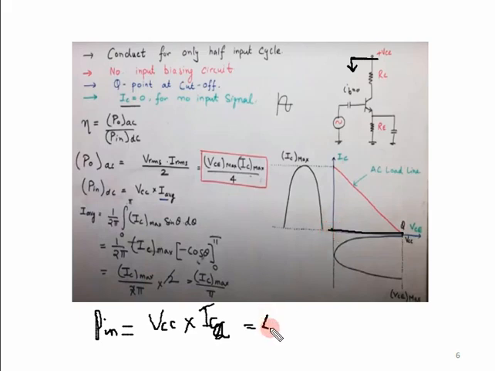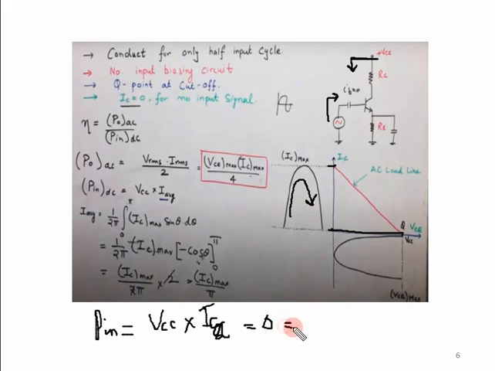But whenever the signal is applied, there will be conduction whenever it overcomes the 0.7. So you can see the value of IC has some conduction. So how can we quantify this?